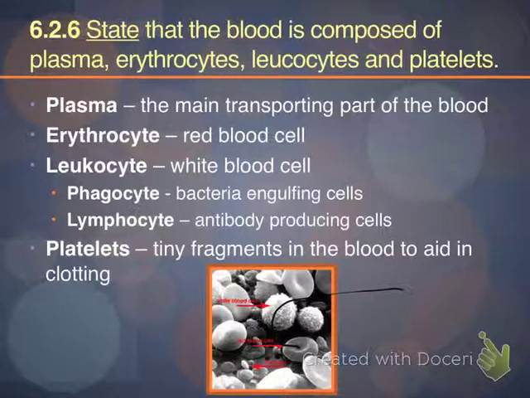Next, we've got leukocytes, or white blood cells. We can categorize them into 2 categories for now. When we get to immunity, we'll talk more about the specifics. But we've got phagocytes, which are bacteria-engulfing cells. These cells basically use endocytosis in order to engulf and destroy bacteria. They take in the bacteria and then bond the vesicle that the bacteria is engulfed in with a lysosome and digest the bacteria.